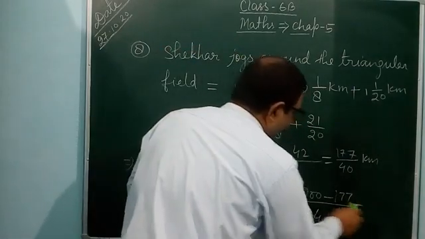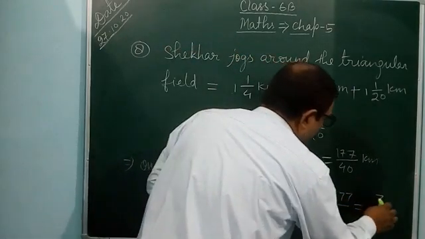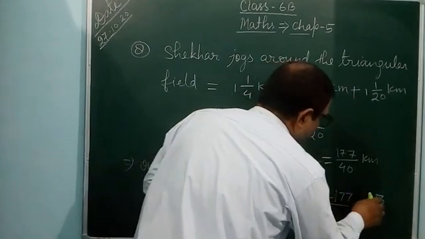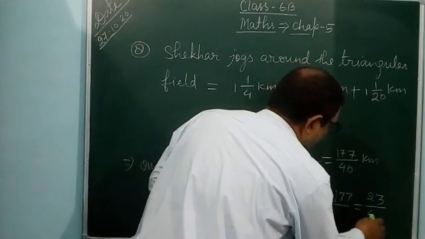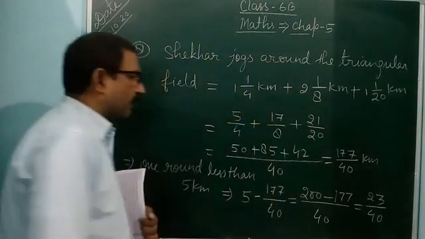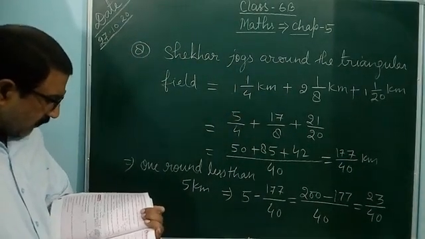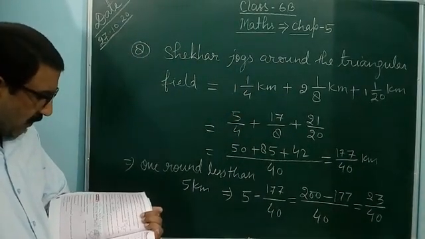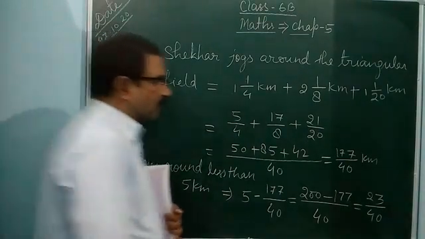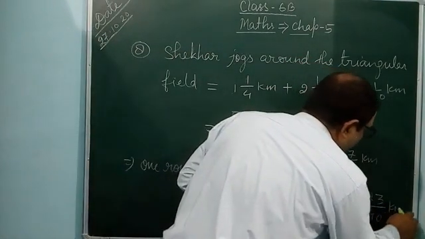You can see 10 minus 7 is 3, 9 minus 7 is 2, so 23 by 40. So one round is 23 by 40 kilometer less than 5 kilometer.